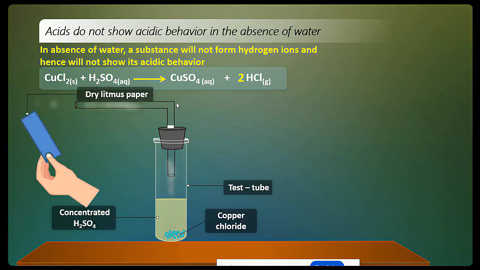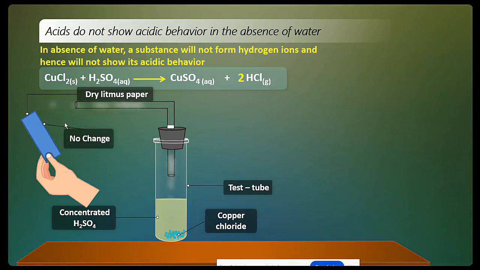Then dry litmus paper, blue litmus paper. Why only blue? Because HCl is acid in nature, so red remains red only. So if we test with blue litmus paper, then we can identify whether it is showing acidic nature or not. So here it is, dry litmus paper. Is there any change in color of the paper? No, no change in color.